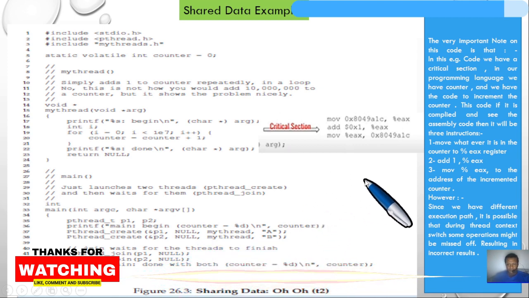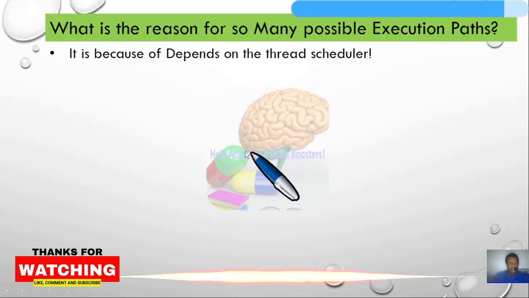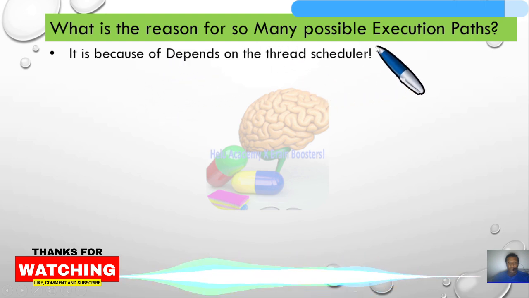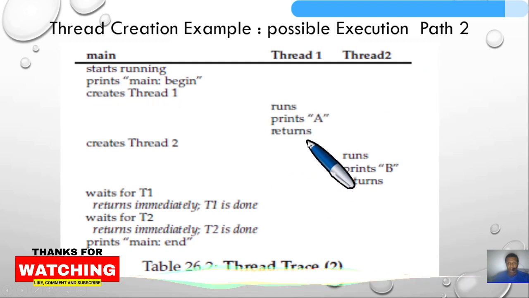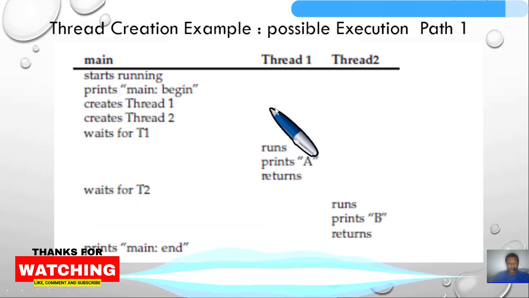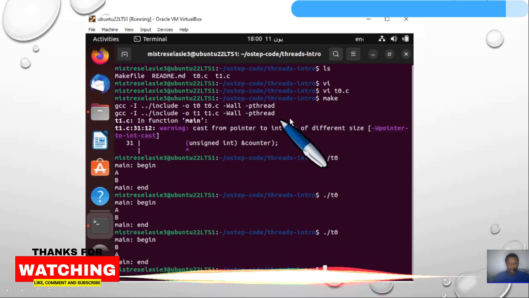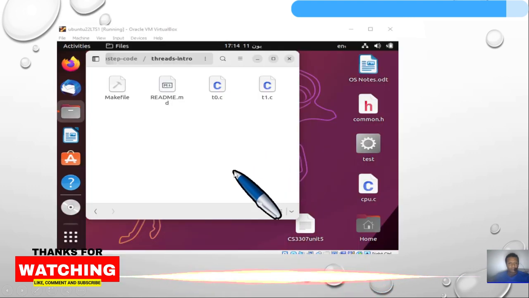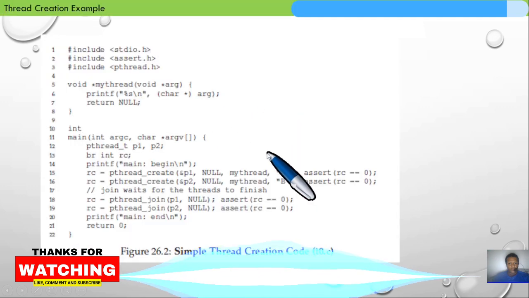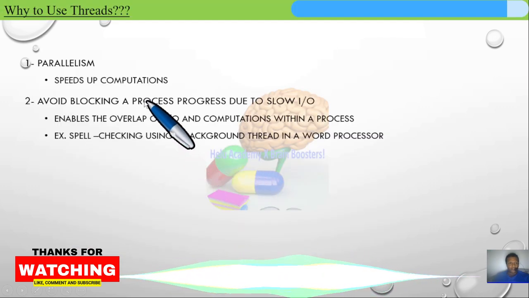Because of this the problem happened. And what is the reason for so many possible execution paths? We have seen the scheduler problem, and we can have a lot of paths for the thread. We have also demonstrated the Unix code here, and you can download the code; this is simple code for how threads are created.